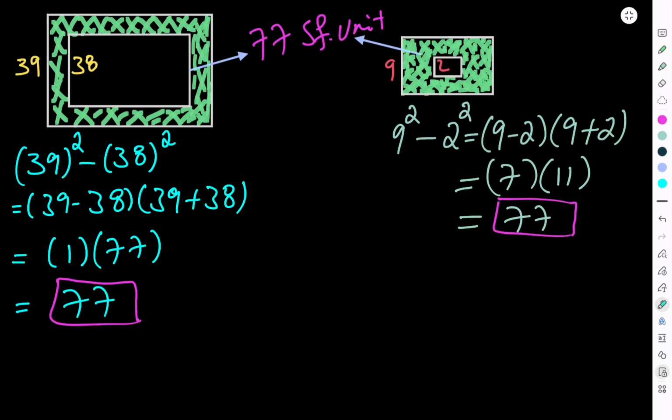And here is the surprising part. The two square frames look completely different. One is a very thin frame and the other one is a much thicker frame. But both have the same area. This puzzle teaches us something deeper.